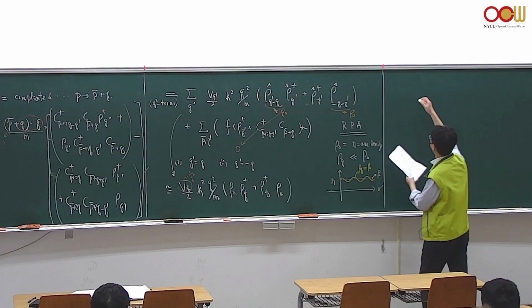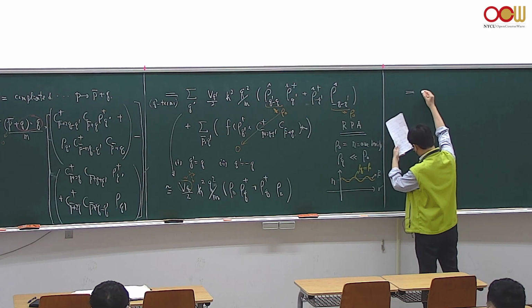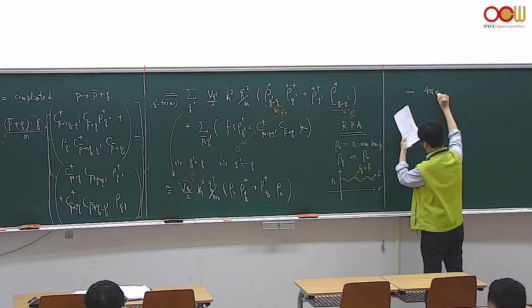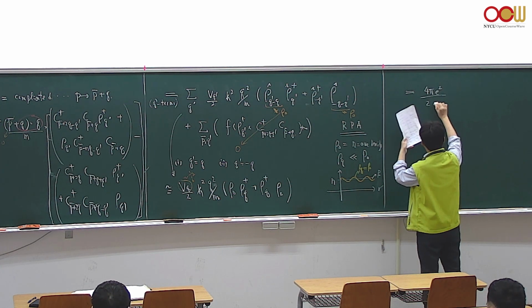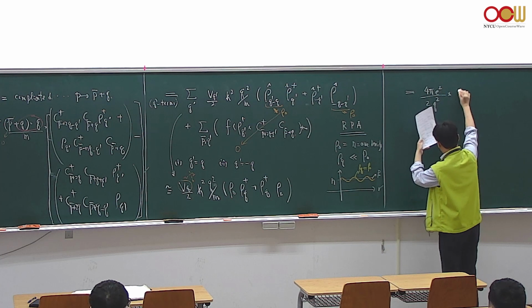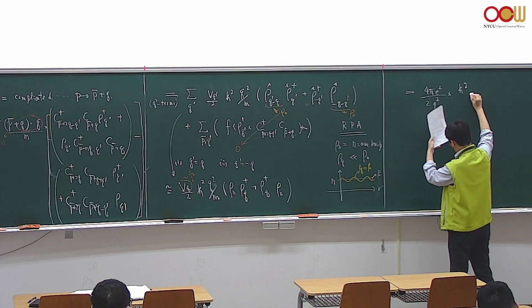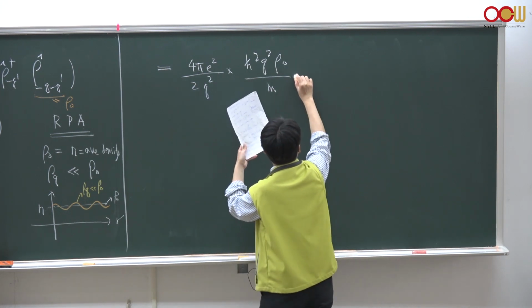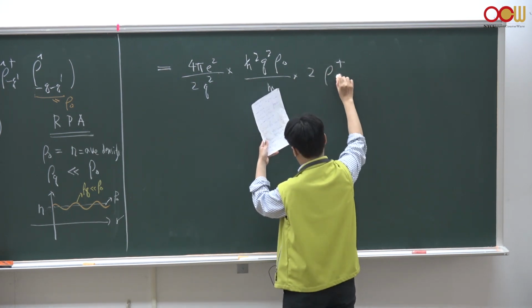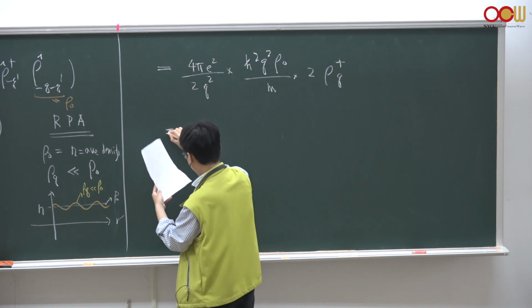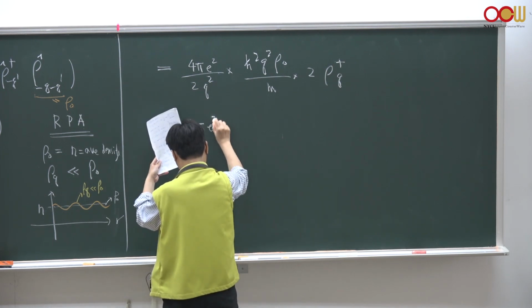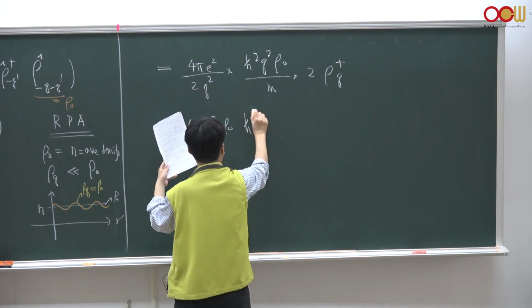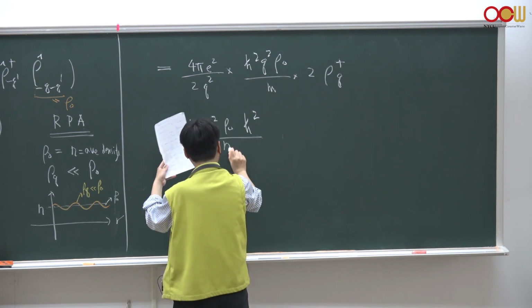So let me just organize this term. This is 4 pi e squared over 2Q squared times h bar squared Q squared rho 0 divided by m times 2 times rho dagger of Q, which is 4 pi e squared rho 0 h bar squared over m rho dagger of Q.